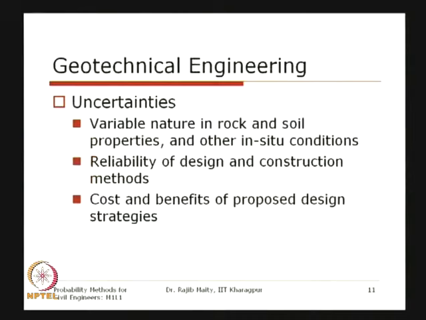Coming to the geotechnical engineering, there are different sorts of uncertainties. For example, the variable nature of rock and soil properties and other in-situ conditions, and the reliability of the design and construction method: whether the particular design and construction method that we are adopting, whatever the analysis, whatever the assumptions we made while we do the analysis, has some effect for a particular construction method being adopted in the field.